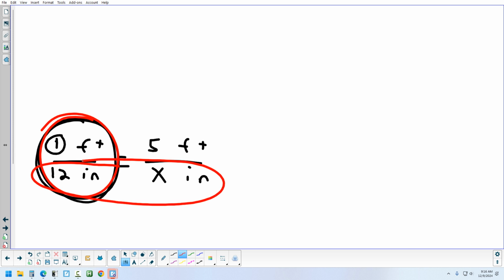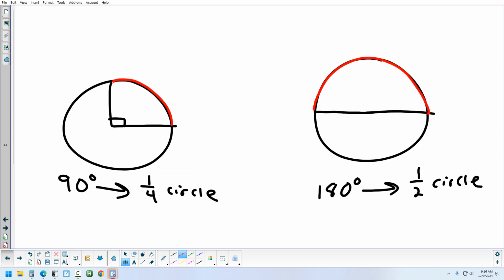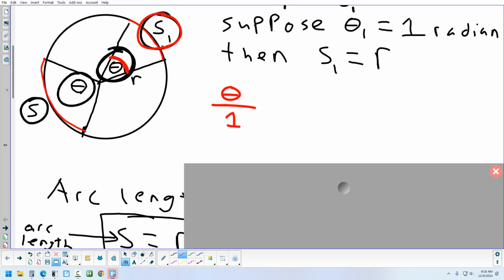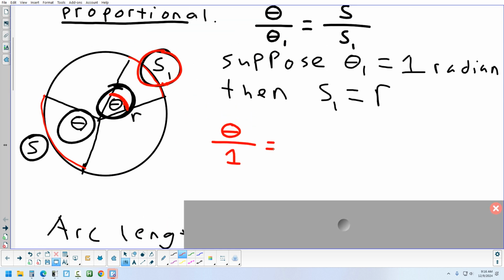That's fine, okay? The true fact has to be somewhere in the proportion. Whether it's all on one side, all in the bottom, all in the top, it's got to be somewhere. Okay, so we fill that in. S we don't know. That would be given to us in the problem. But if this angle is 1 radian, we automatically know that S1 would be equal to the radius, which would be something given to us.